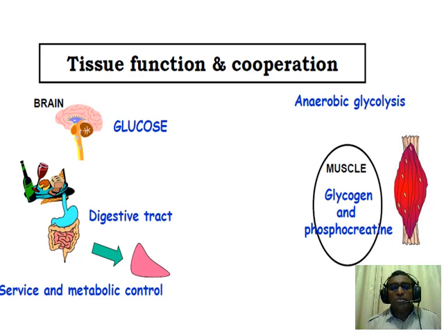It can take up glucose without the influence of insulin. Another thing is the glucose is oxidized aerobically rather than anaerobically, because if it's anaerobic, it could lead to acidosis from lactic acid, and it could damage the brain.